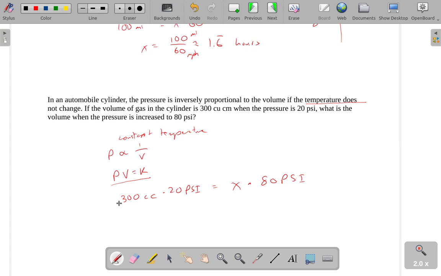So you can see I have pressure times volume equals pressure times volume. So those remain constant. That's how I set this equation up. And to solve this, I would just divide both sides by 80. I'd get X, the thing I'm trying to solve for, is 300 times 20 divided by 80.